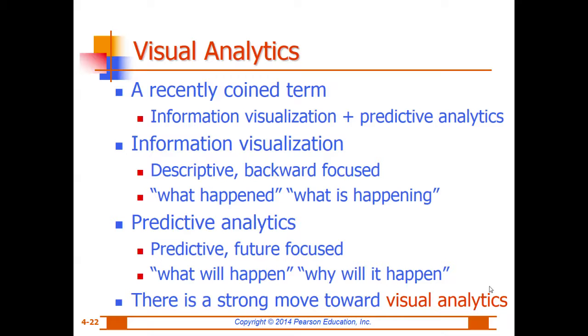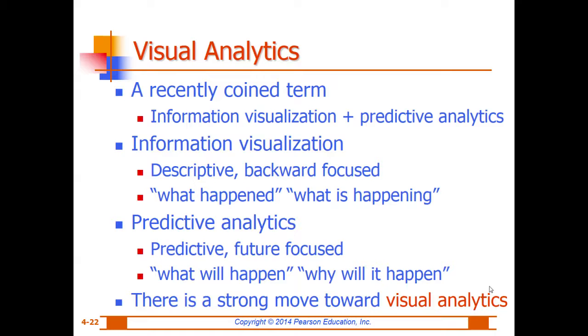So visual analytics is a more recently coined term that combines both the ideas of information visualization and predictive analytics, being able to not only focus on what happened and what is happening, which is mostly current or backwards focused, but using it to show predictive, future focused, what will happen and why will it happen.